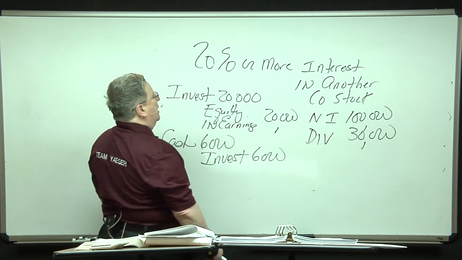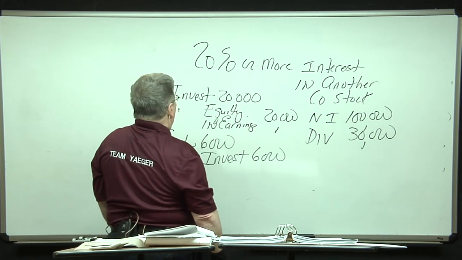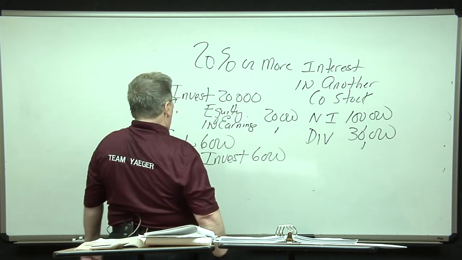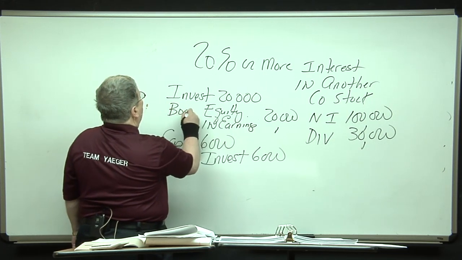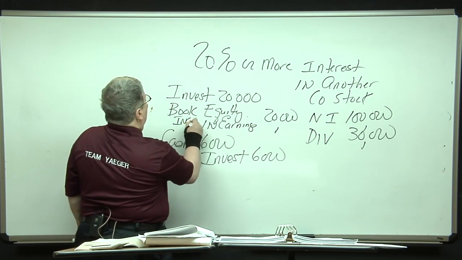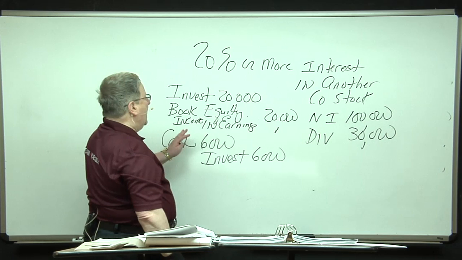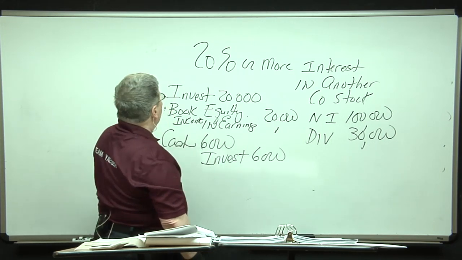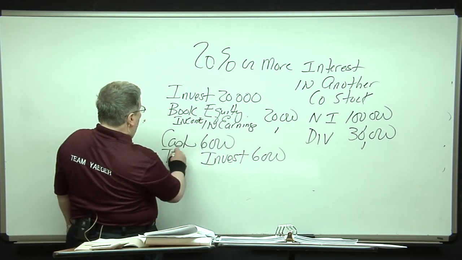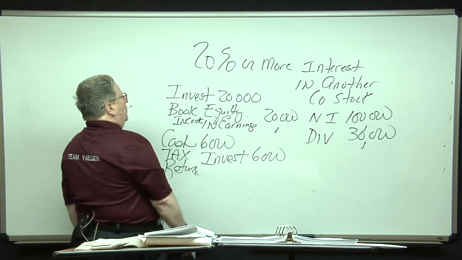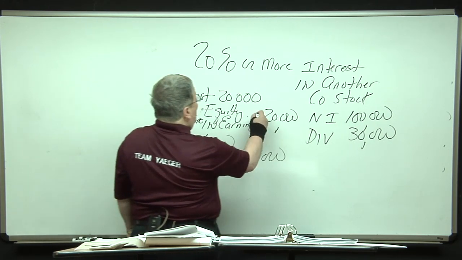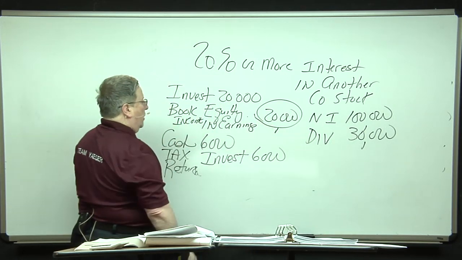And this is discussed in detail in the investment chapter. Now, what does this all mean? Well, equity in earnings is book income. It's never taxable income. But when they pay you a dividend, that is on the tax return. Now, this is our total share of the other company's earnings.